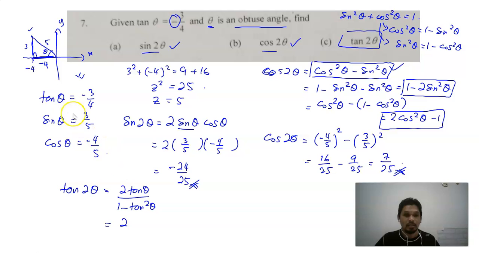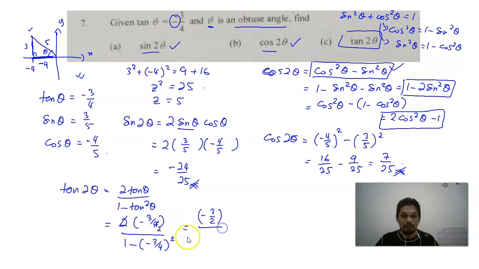Tangent theta equals negative 3 over 4, divided by 1 minus negative 3 over 4 squared. 2 divided by 4 and 2 here, negative 3 over 2, divided by 1 minus 9 over 16.